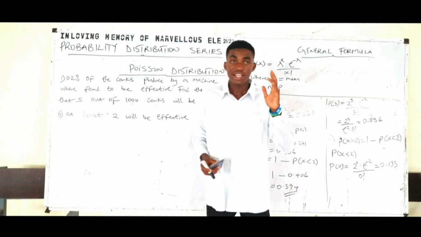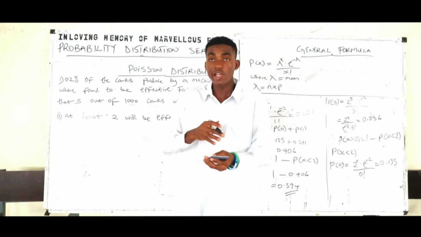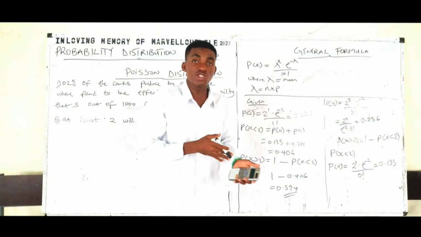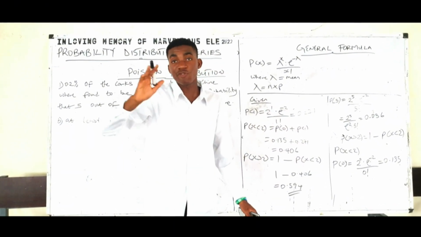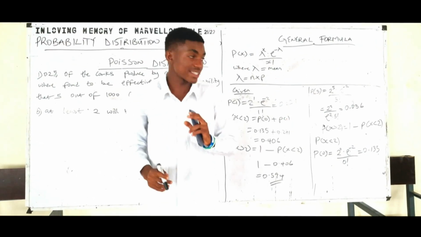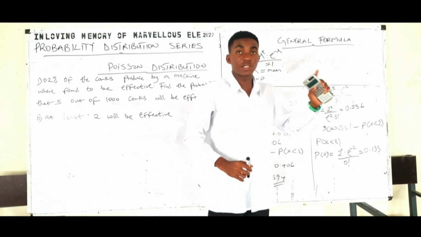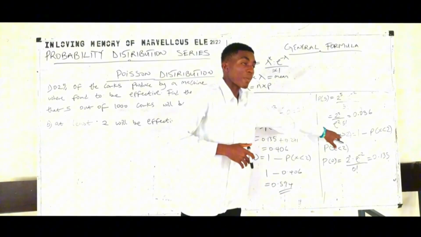What I said earlier is that you cannot solve probability of at least 2 directly, because you would do 3, 4, 5 to infinity, since at least 2 means 2 should be the least, 2 and above, and you will not end. So the formula for solving for at least is 1 minus the probability of less than the number they gave.